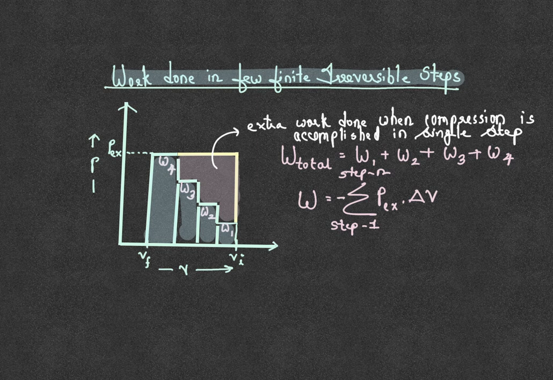That's reversible. So here, I just wanted to give you an idea about when you increase the number of steps in compression, your work will decrease. So if you want to keep on reducing the work done, for the same process, if you want to keep on reducing your work, increase your steps. Try to perform the same work in more than one step.